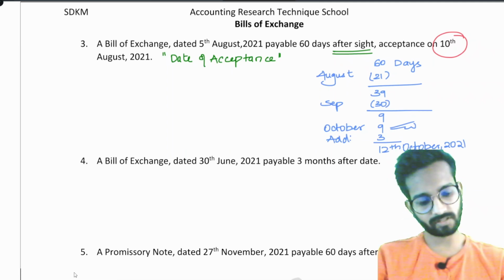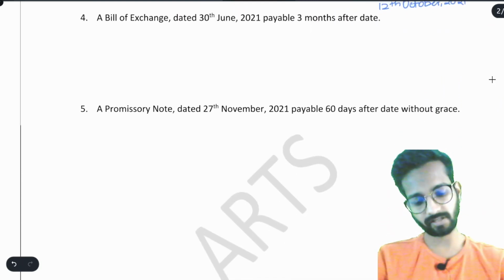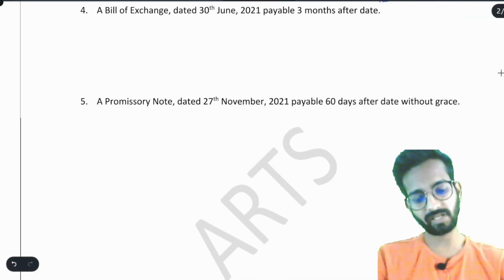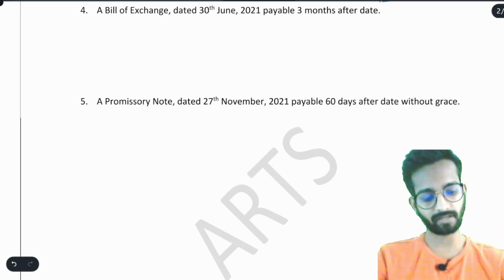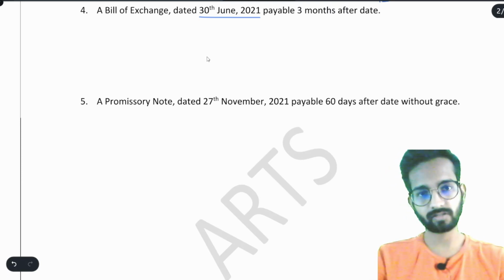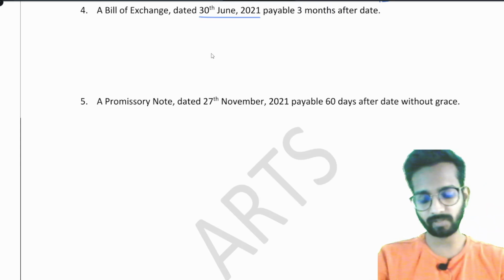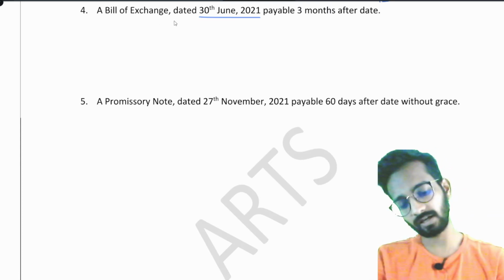Now, what does the next capsule say? It says a bill of exchange dated 30th June 2021 is payable 3 months after date. Very simple. It is starting from 30th June. You have to calculate 3 months. So 30th June to 30th July, August, September, 30th September are the 3 months.